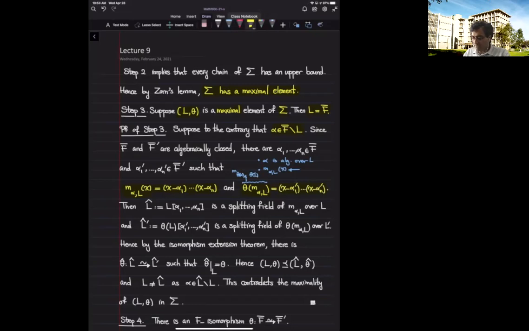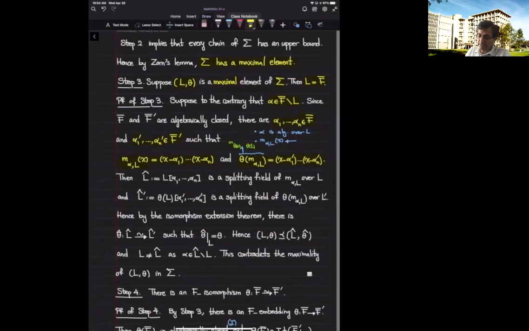So altogether, we are finding these elements, alpha 1 through alpha n in F bar, and alpha 1 prime through alpha n prime in F bar prime, so that the minimal polynomial of alpha over L is decomposed into these linear factors, and the minimal polynomial of theta of alpha over theta of L, which is the same as theta of the minimal polynomial of alpha over L, is also factored into these linear factors.